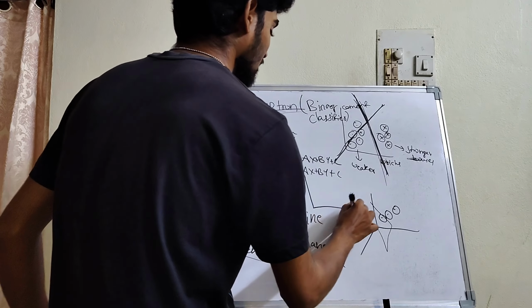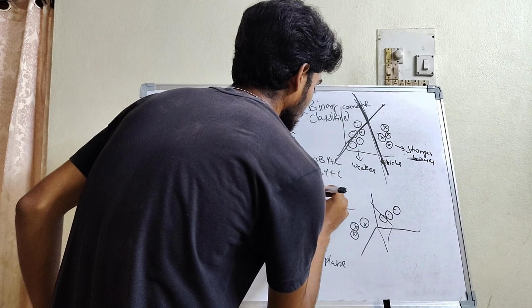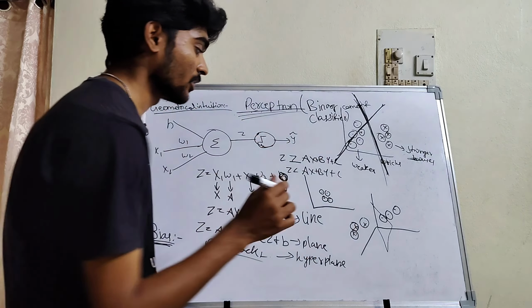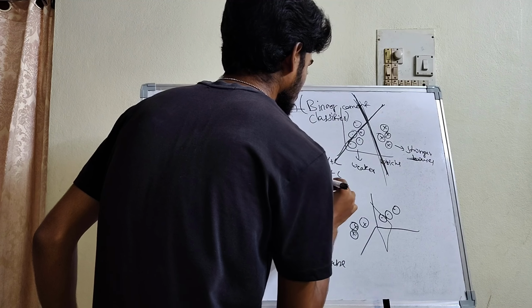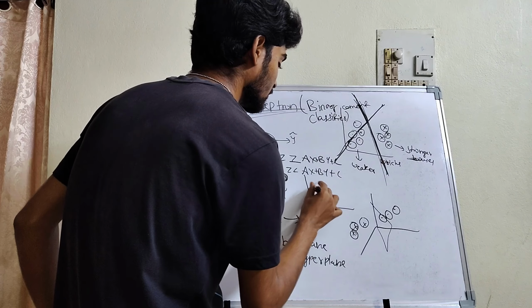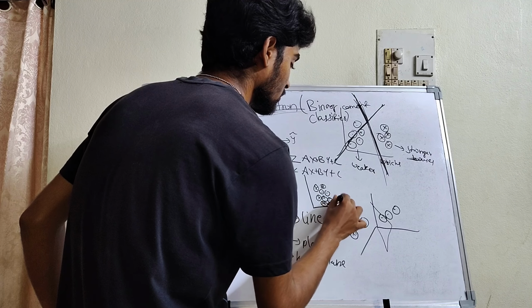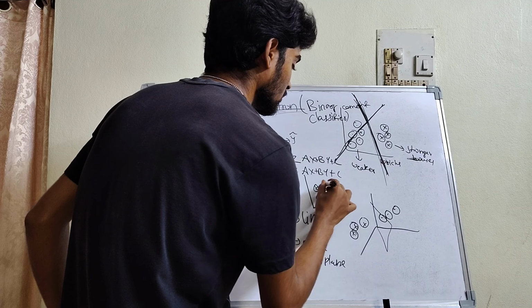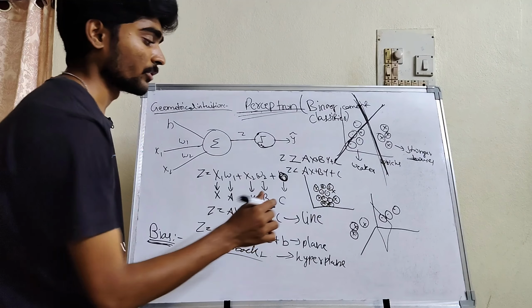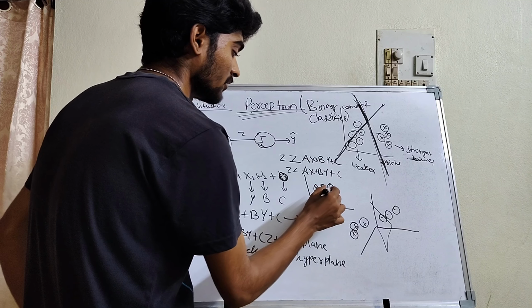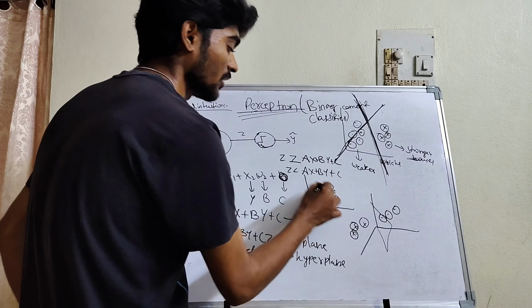Let's say this is your graph and these are your data points. This is your one class and this is your another class.